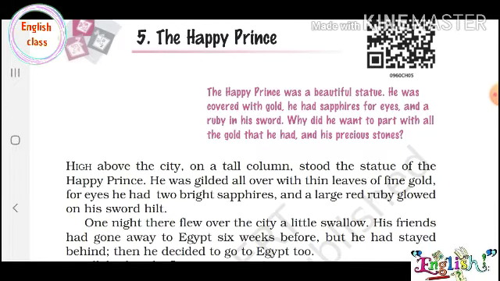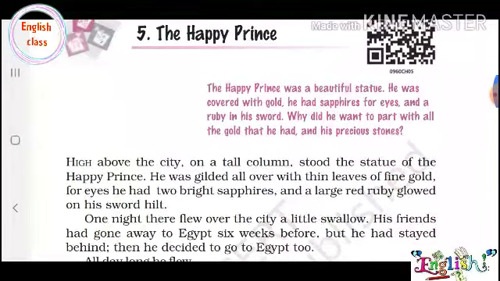And for eyes, it means for the statue, the eyes had two bright sapphires, the blue stones. The eyes were made of two blue stones that are very precious, and a large red ruby, a red ruby stone that was glowing in the handle of the sword.